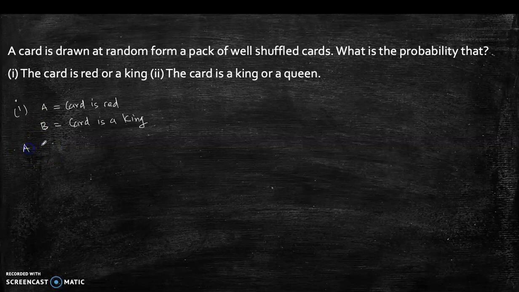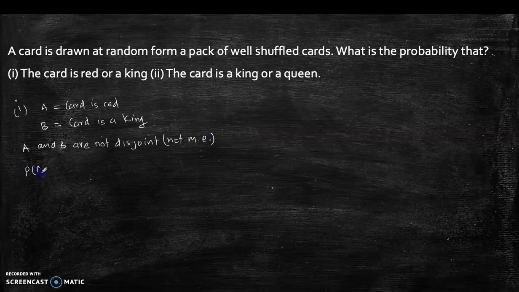So I have to see whether the events which are defined in the problem are disjoint or not. They are not disjoint. Or you can simply say they are not mutually exclusive. That means they can happen at the same time.